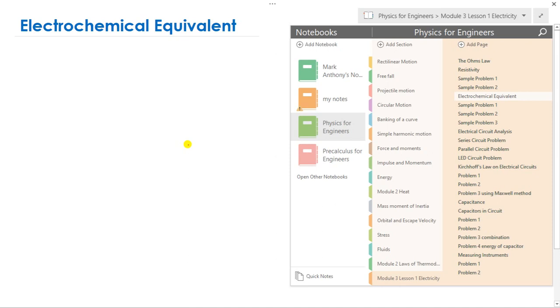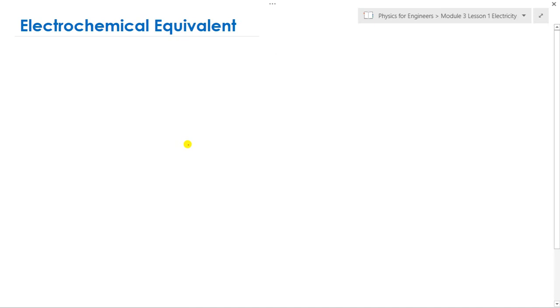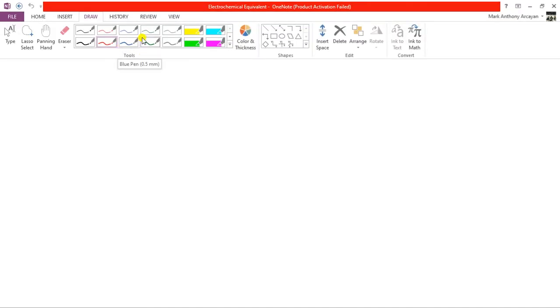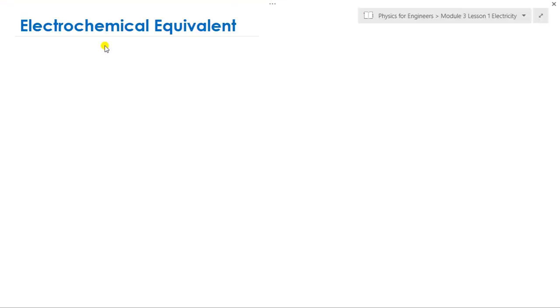We are now on electrochemical equivalent. It is applied in electrolysis, where a certain amount of an element is produced, generating electricity due to some reaction with other material or by the process of electrolysis.